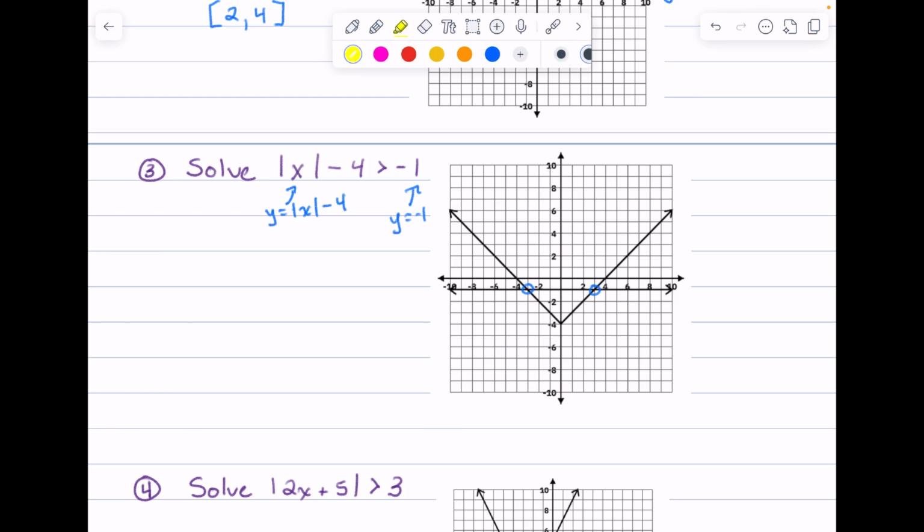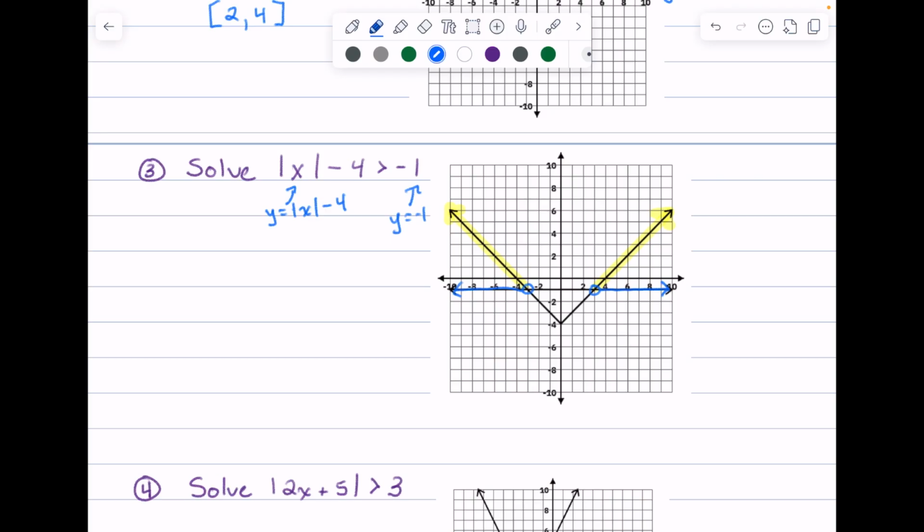So on the actual absolute value graph, it would be anything above negative 1. And so in this case, on the number line in a sense, it would look like two arrows going in opposite directions, and we know that to be an OR problem.